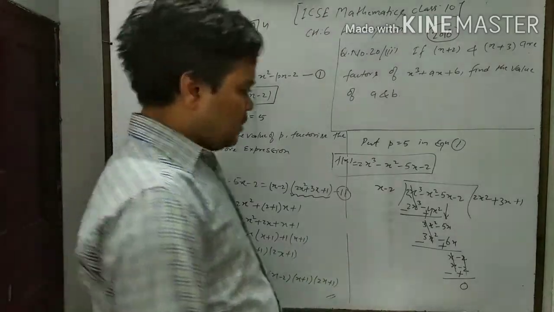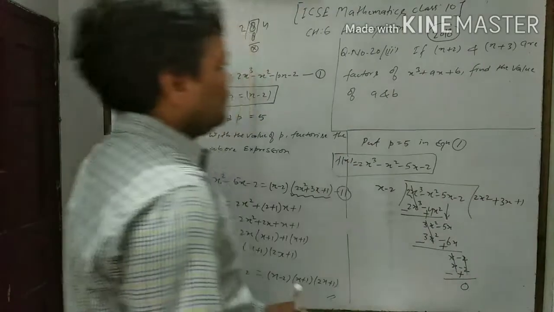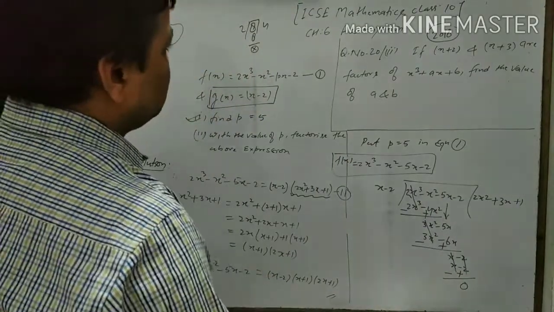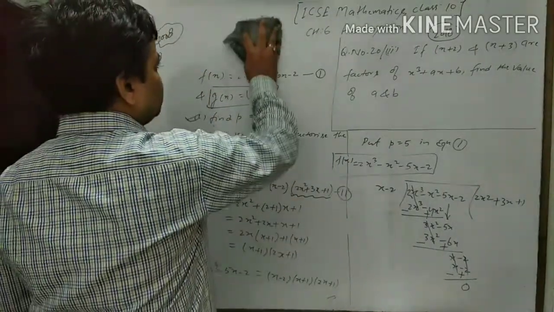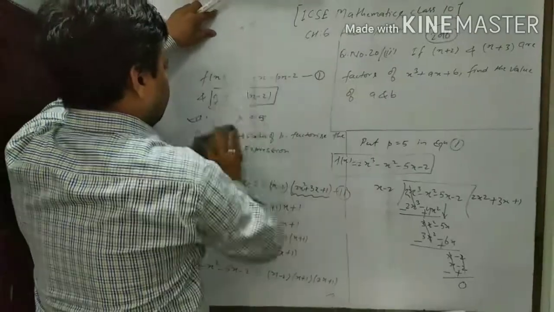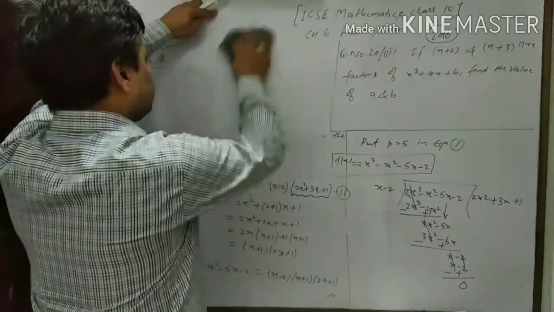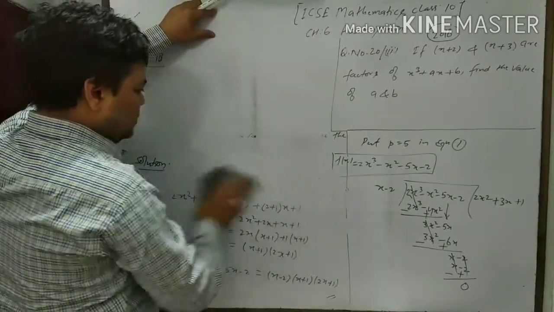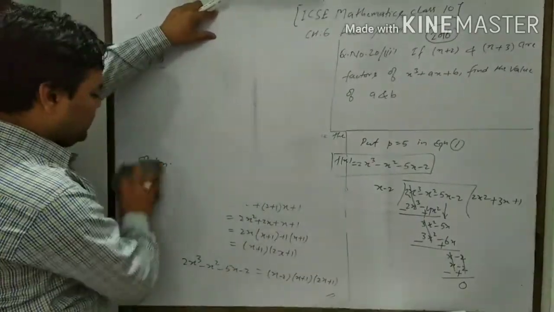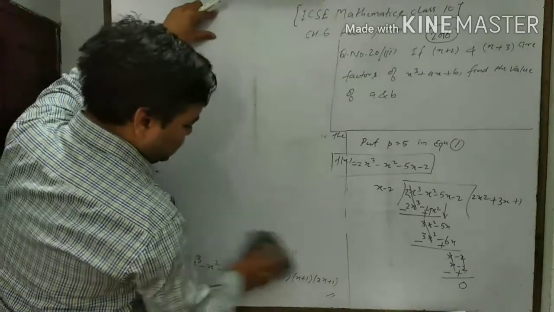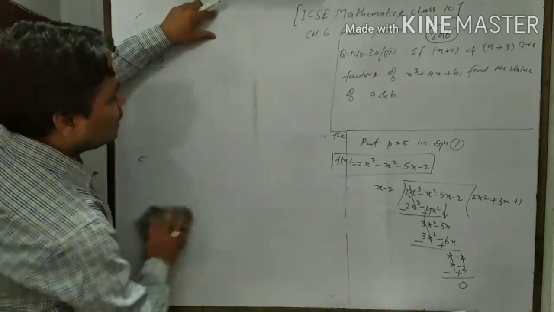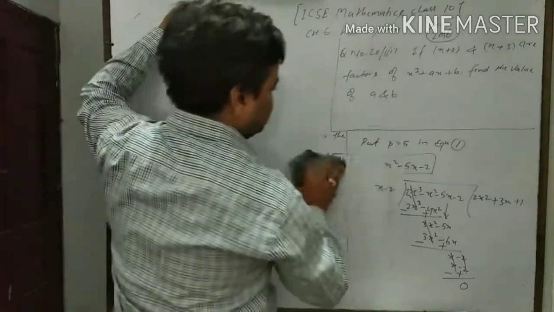Now after that we should discuss question number 22. Let us see 22 now. This is the last video related to this topic, chapter 6, that is factorization.